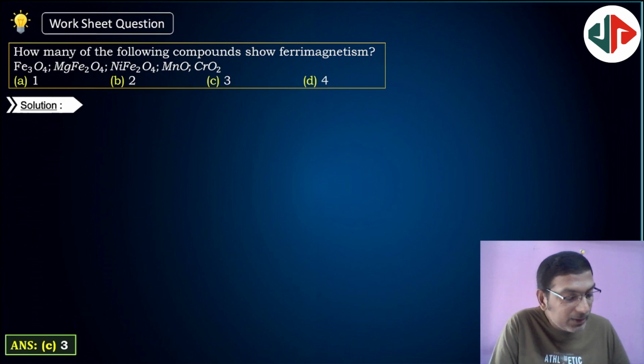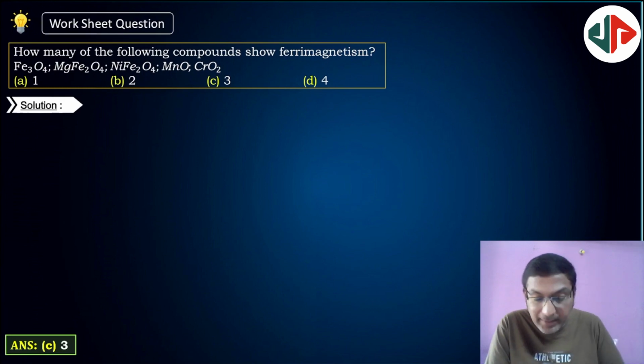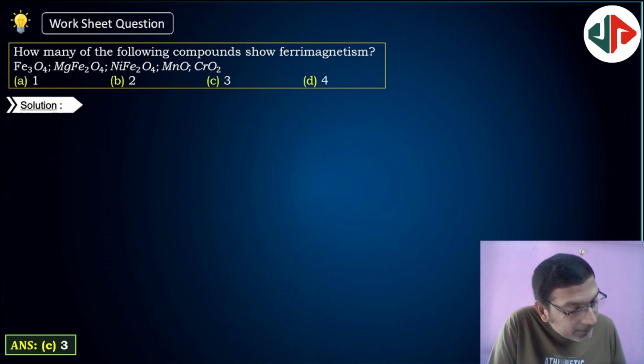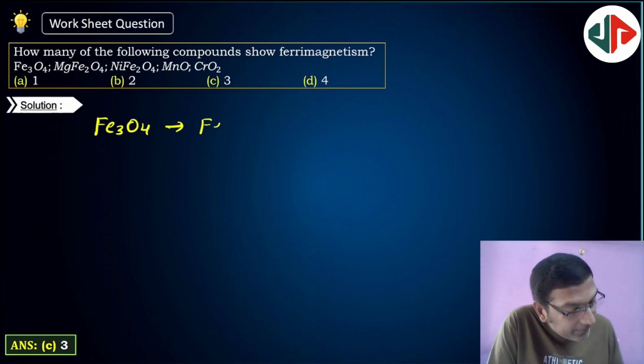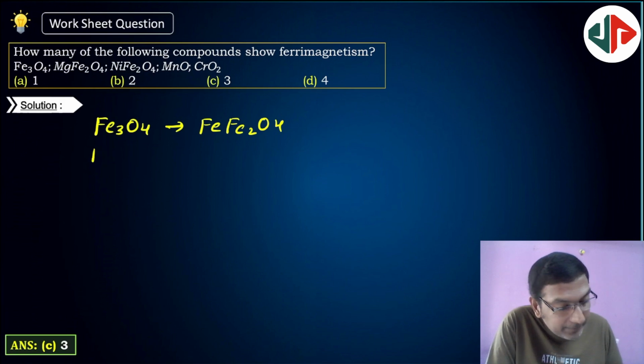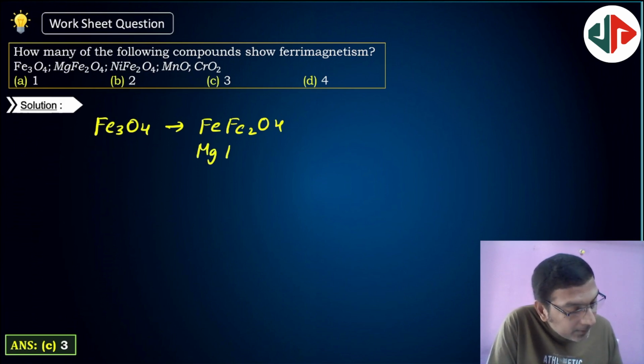How many of the following show ferrimagnetism? Fe3O4, which can be written as FeFe2O4. Next, MgFe2O4 and NiFe2O4.